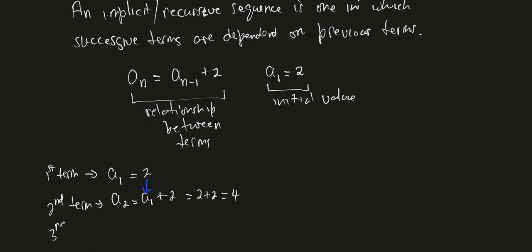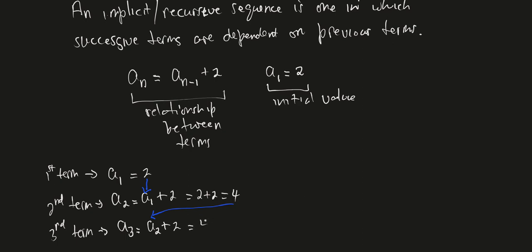If I wanted to find the third term, I use that same relationship. The relationship says if I want to find a sub 3, I have to take a sub 2 and add 2 to it. So a sub 2 plus 2. Again, I am taking the previous value in my sequence and adding 2 to it to get the next one.